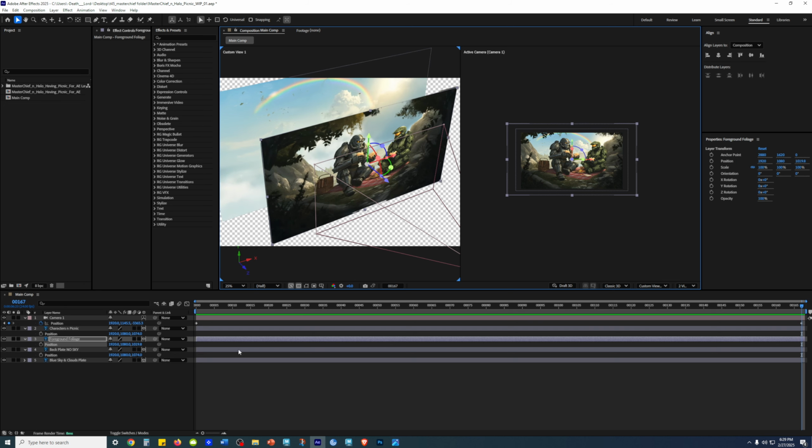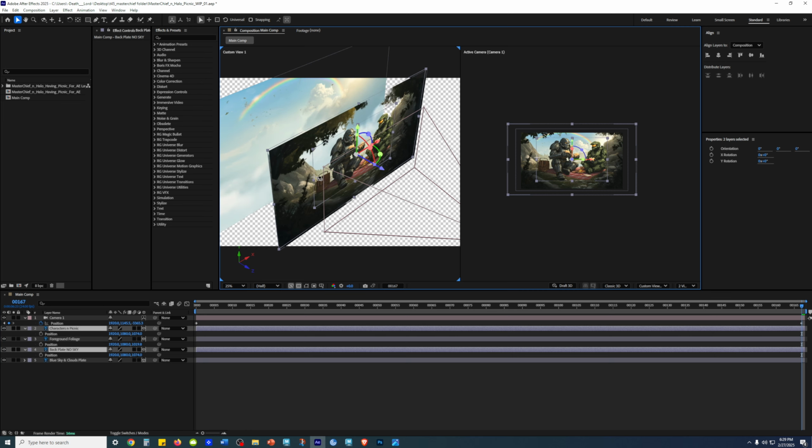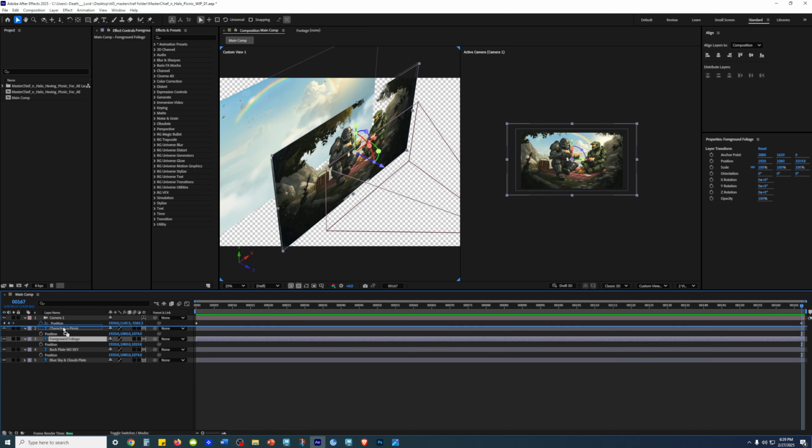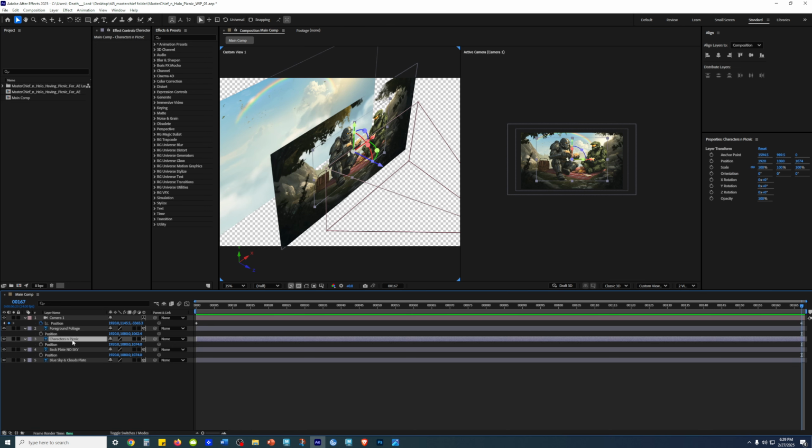Then I want to grab my backplate no sky, grab my characters in picnic, foreground foliage. What happens if I dump it on top? Right. So the layer order does not matter.